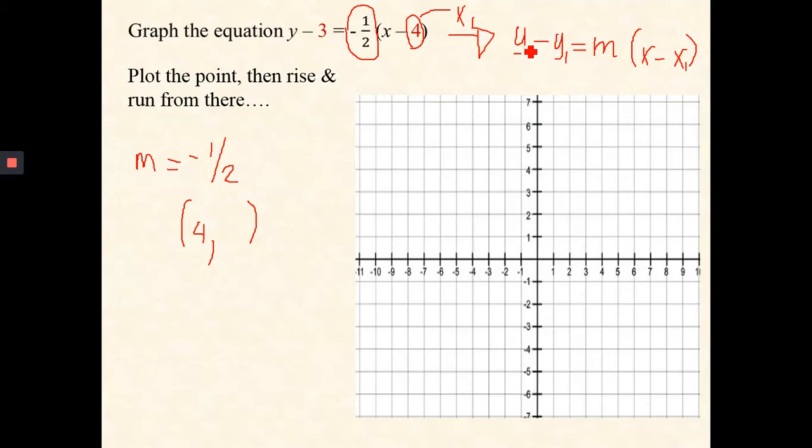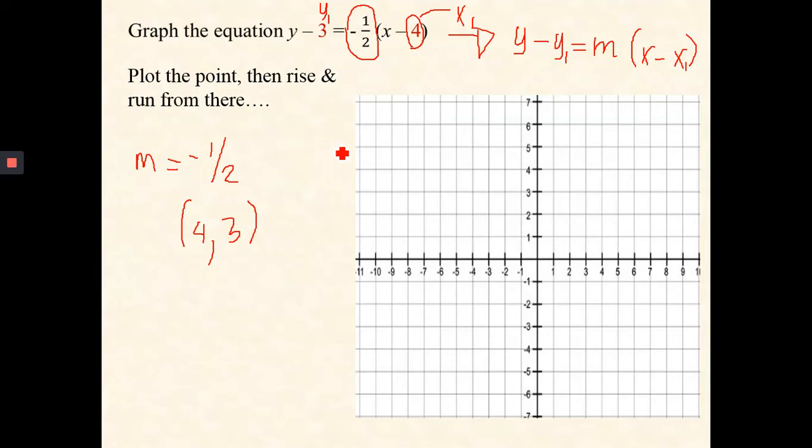So the operation between y and y sub 1 is subtraction. So your y sub 1 is this one. So you're just going to change it. That is 3. Okay? So from there, we can now plot the given equation.